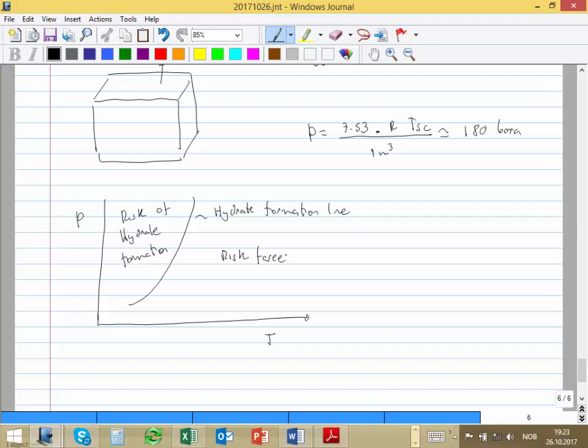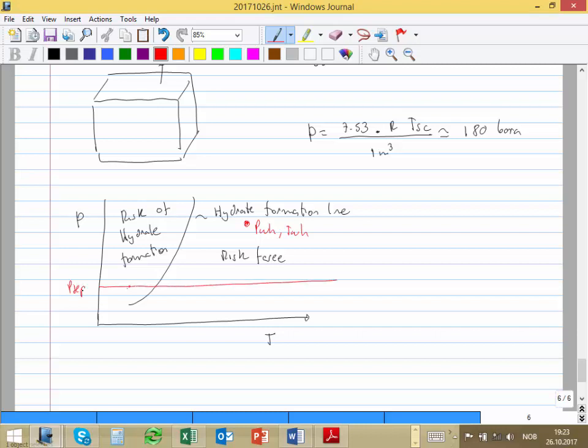So what happens usually in a transportation line? Here we have P wellhead and T wellhead, and then we want to go to P separator, which is on this axis.